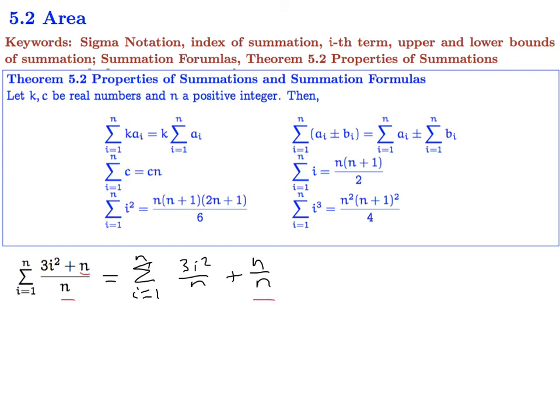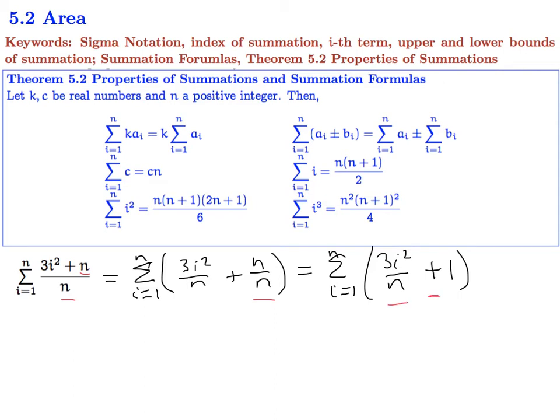So what we can now do is rewrite this very nicely as the sum from i equals 1 to n of 3i squared over n plus 1. And now here's where we're going to start using our patterns. What we want to think is, which pattern does this one most closely resemble? And hopefully you saw there's this plus in here.